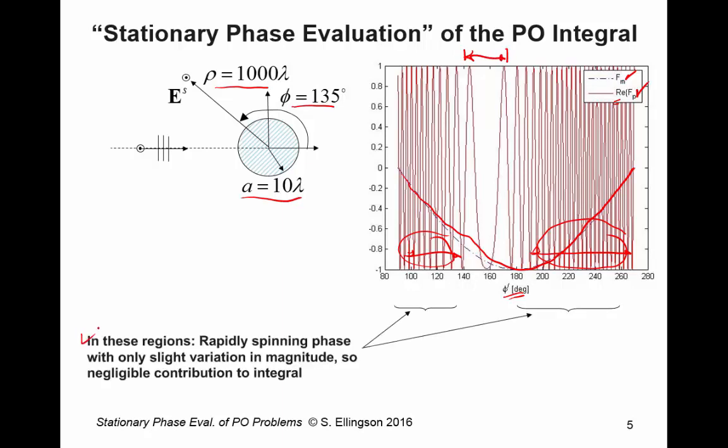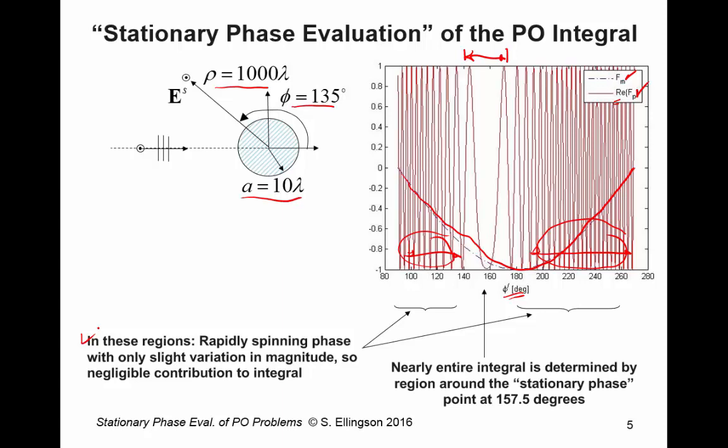Here I'm just saying it in words. In these regions, the rapidly spinning phase with only a slight variation in magnitude gives a negligible contribution to the integral. Nearly the entire integral is determined by the region around this one point, and we can see here it's about 157.5 degrees, and that's what we refer to as the stationary phase point.